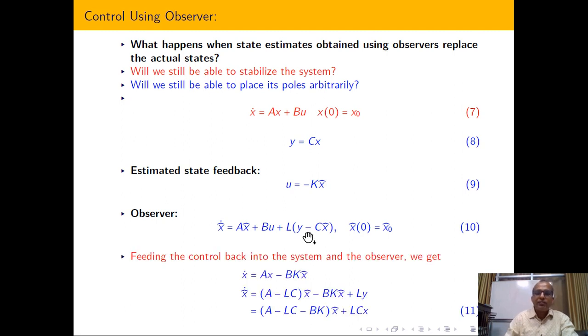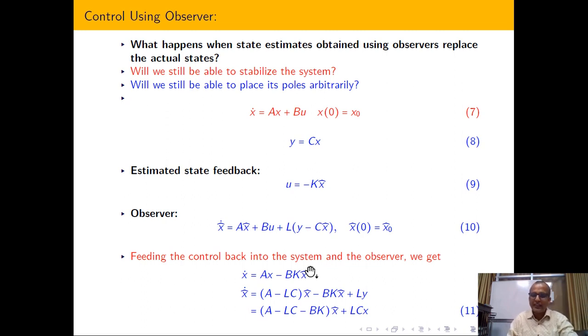Now this is our closed loop system. With the observer, the order of the complete system is basically 2n, so I have to take extra care.